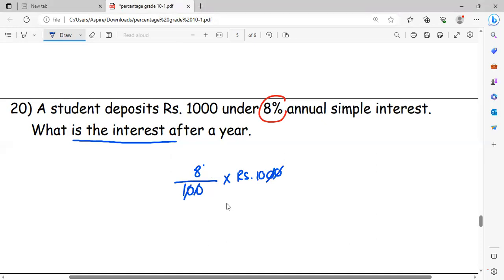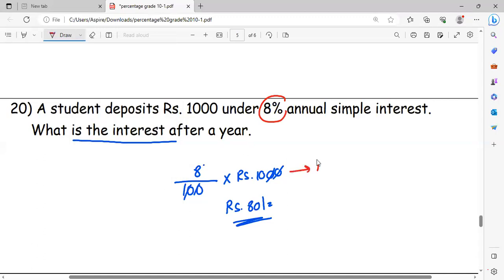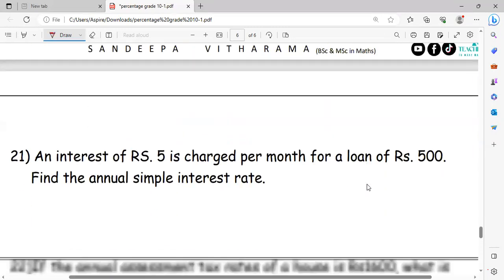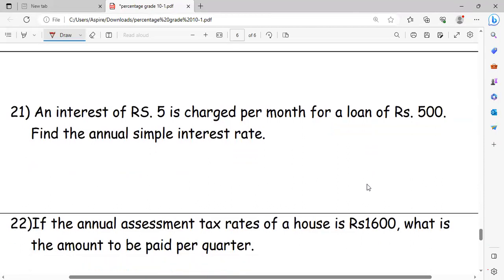Then 8 times 10, answer is 80 rupees. This is the calculation. This is the answer. Altogether 2 marks given. Okay. Try to do the 21.